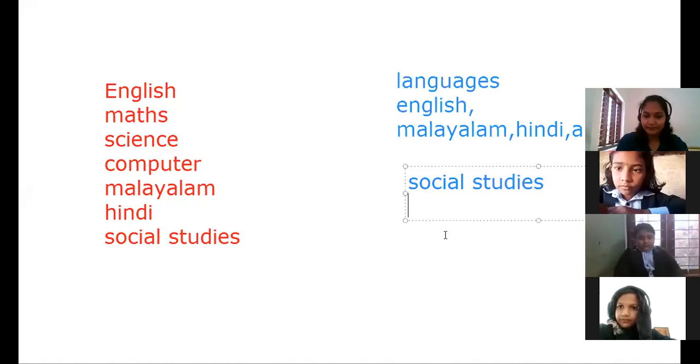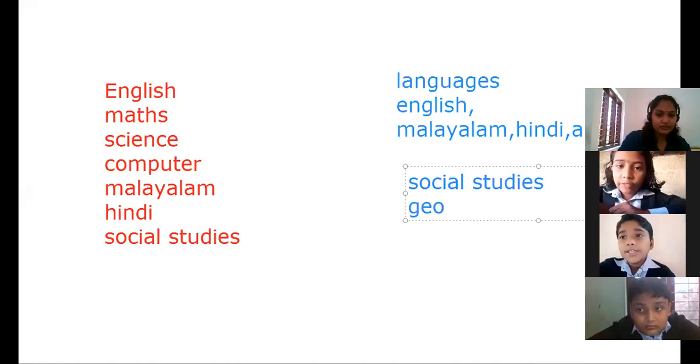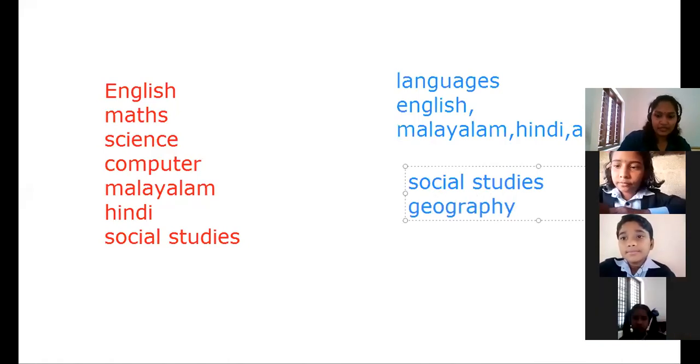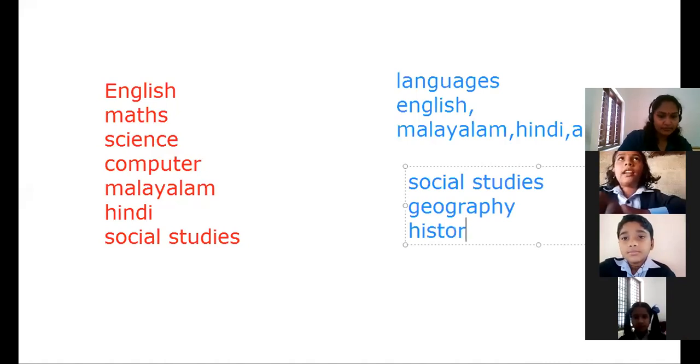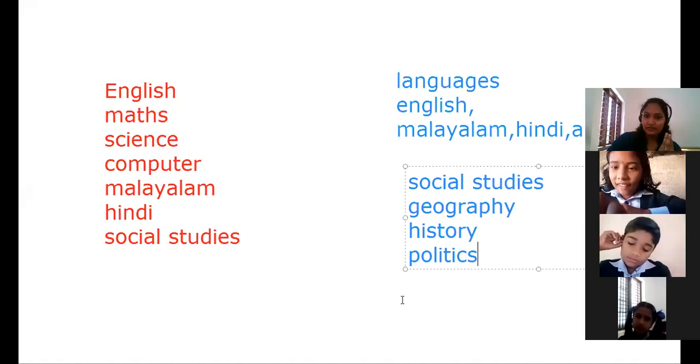Which are they? Geography, history, politics. So social studies is classified as geography, history, and politics.